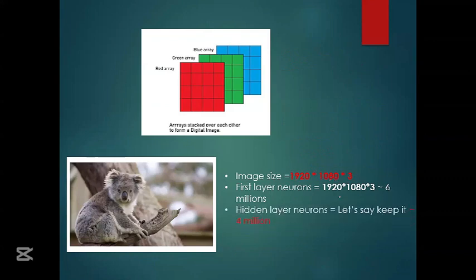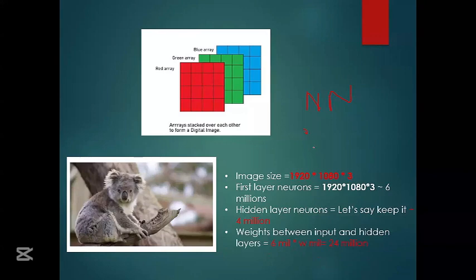If we calculate it, the first layer needs around 6 million input nodes, right, if we are planning to do a neural network? Then you know there are a lot of hidden layers we have to create. With all the hidden layers, the number of nodes we need is around 24 million, which is really high, right?